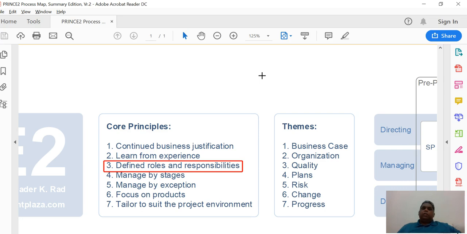Now, in the PRINCE2 methodology, three layers of management or three layers of stakeholders are talked about. One is at the level of directing the project, usually members of the project board, i.e., the business executive, a senior supplier, and a senior user would constitute a project board.